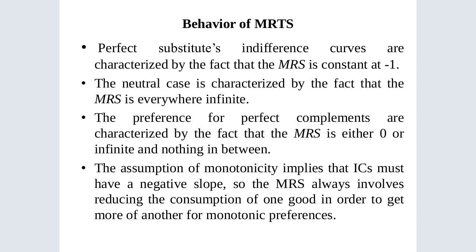So in the case of the neutral goods, now the marginal rate of substitution is infinite everywhere. So you can refer that to the shape of the indifference curve that we discussed earlier.